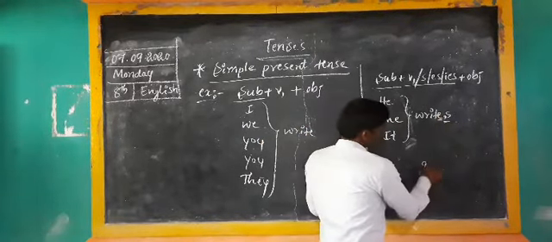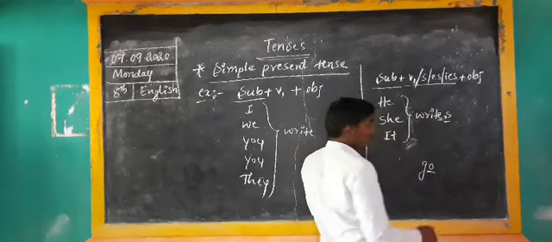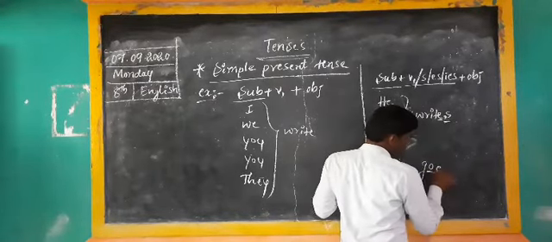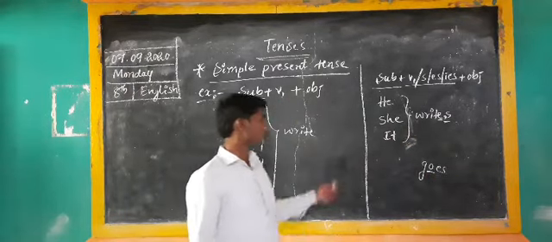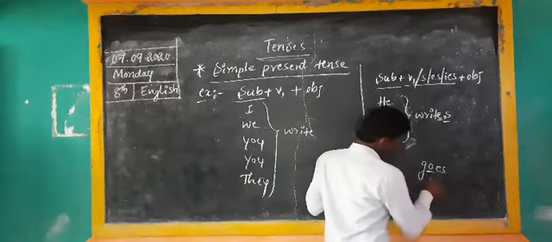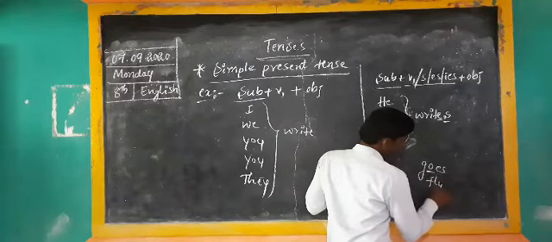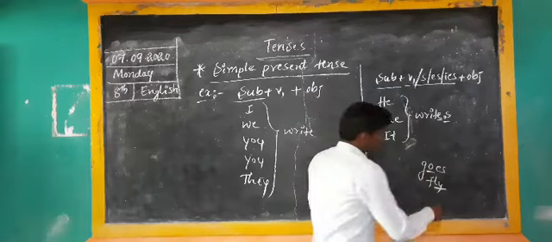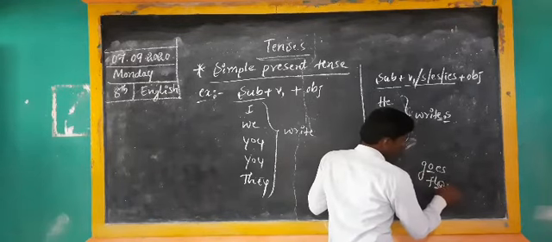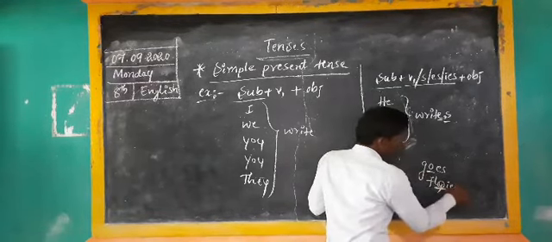If the main verb ends with the letter o, at that time we use es. And we use ies when the main verb ends with y after a consonant: we remove that y, and instead of y we use ies.